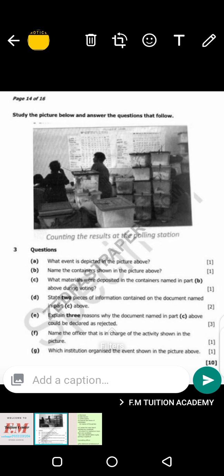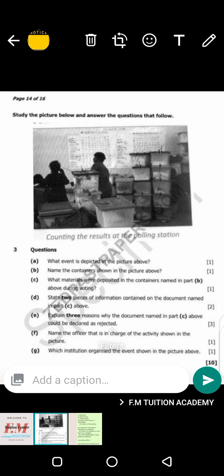Then question C says, what materials were deposited in the containers named in B during voting? So what materials do you deposit in the ballot boxes? The ballot box is openable, and the materials that you put in there are called ballot papers.